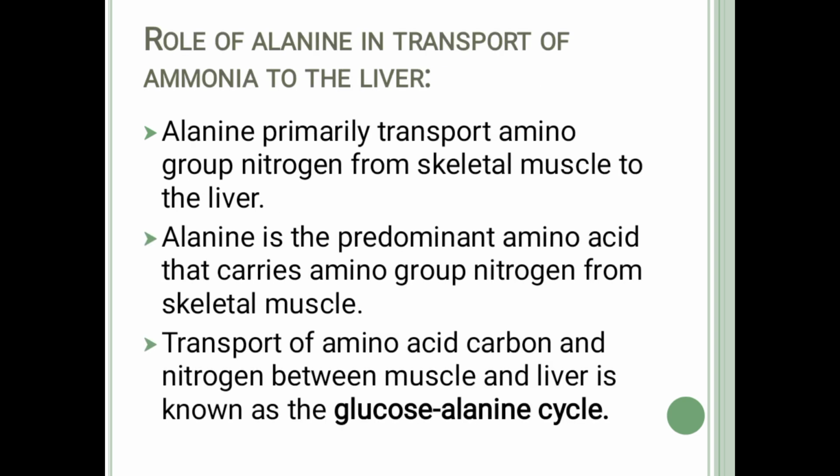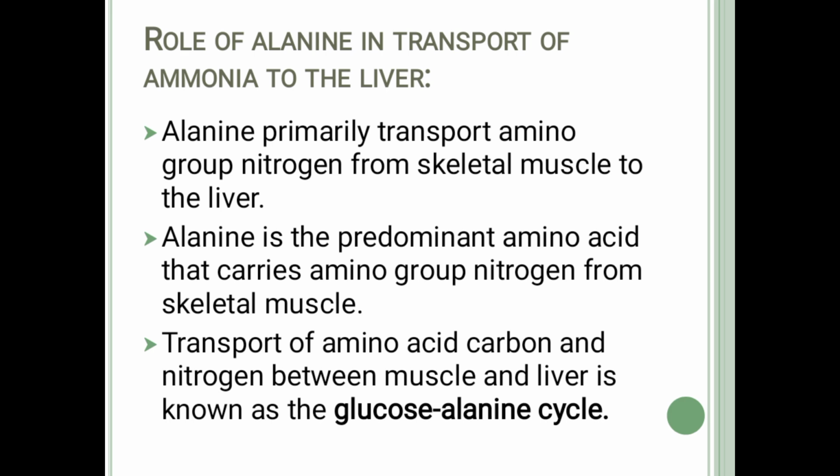Role of alanine in transport of ammonia from the peripheral tissues to the liver. Alanine is the primary transporter of amino groups from skeletal muscle to the liver.